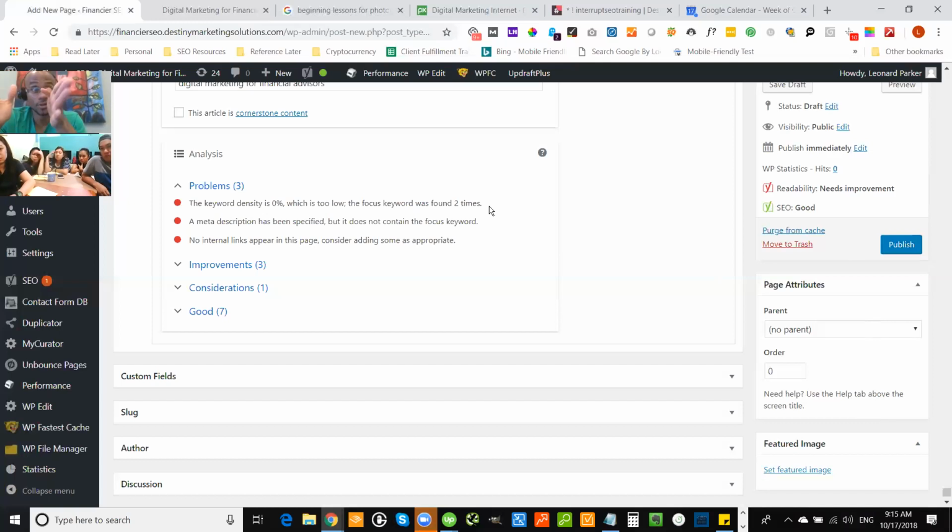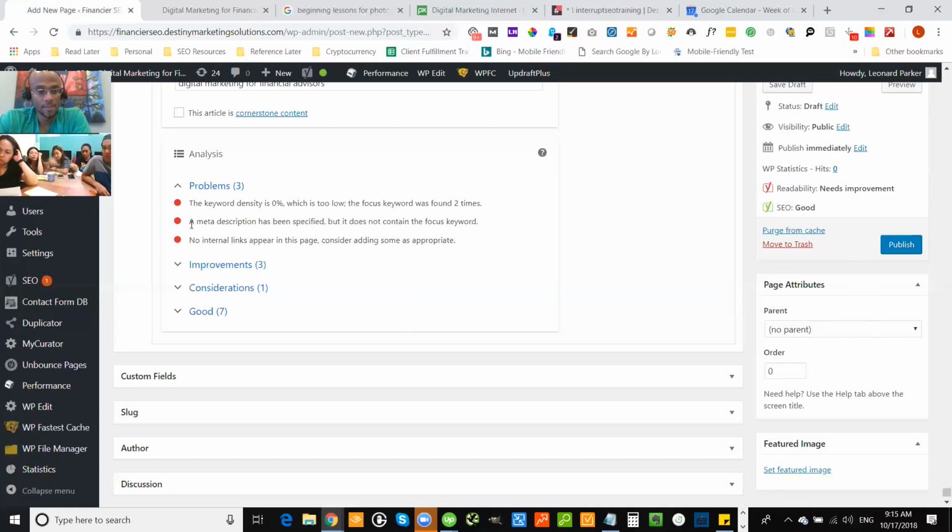So let's say if you use digital marketing for financial advisors 1 time in the content, and then there were 100 words in the content, then the keyword density would be 1%. So just that percentage, that ratio. Honestly, keyword density isn't as important as it used to be, but it's still important that if you have this particular message, you try to add it more times. So we would just add digital marketing for financial advisors more times in the content.